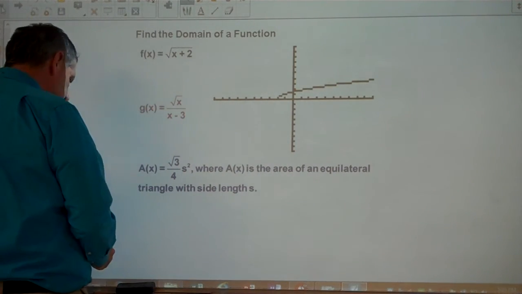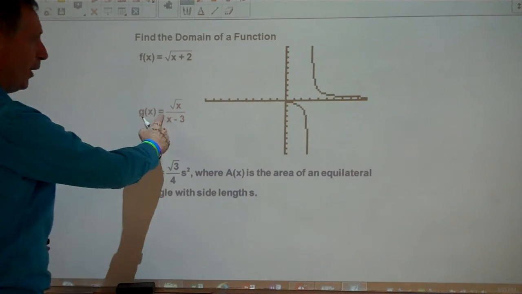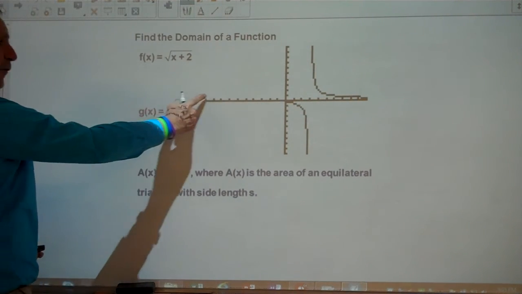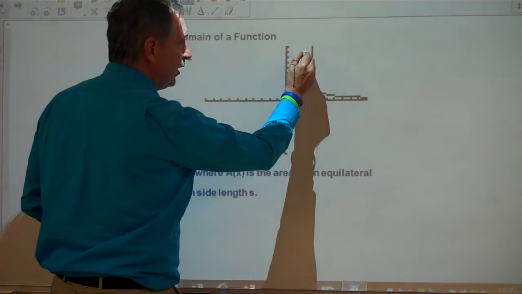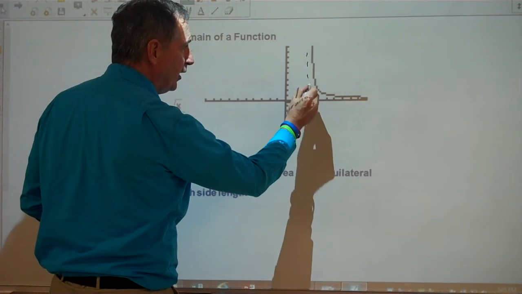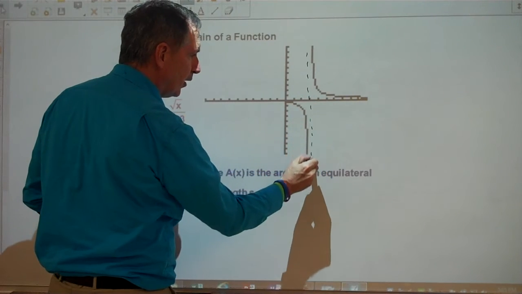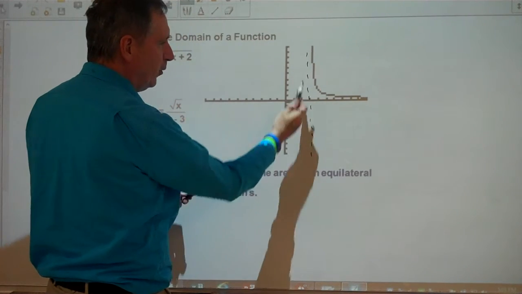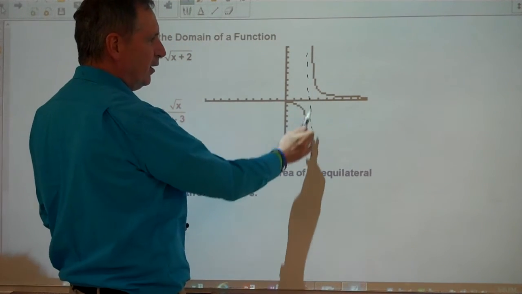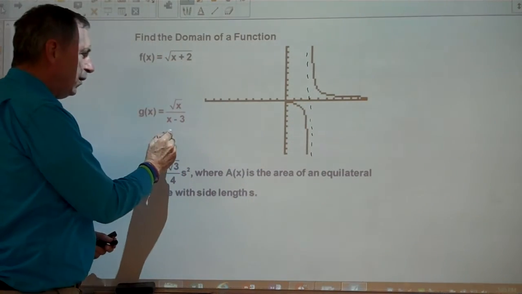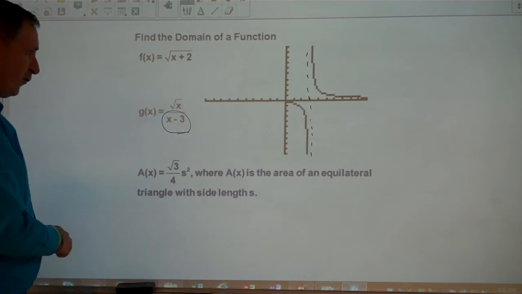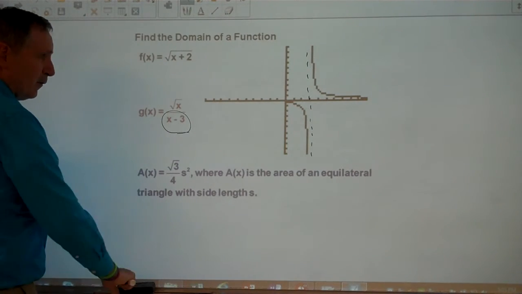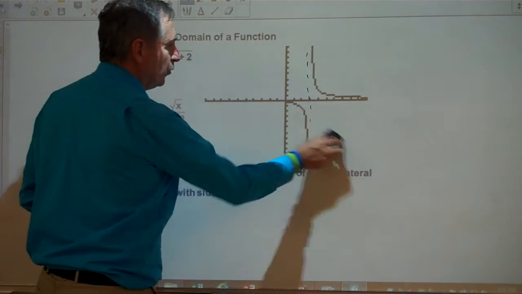The next one, the graph of this function is a representation, and we can see, I hope, that x equals 3. I placed a dotted line, so the function is never going to be defined at x equals 3 because of this restriction. So we talk about restrictions to our domain.